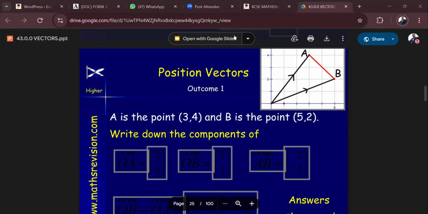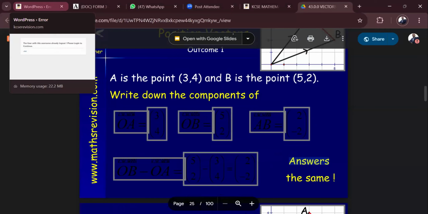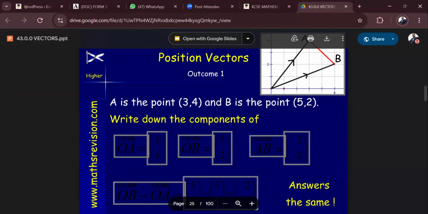From there, if you are told to write down the components of OA, OA is (3, 4), OB is (5, 2), what about AB? As we said, to get AB, it should be B minus A. You already have the position vector of A and of B. So it equals (5 minus 3, 2 minus 4), which gives (2, -2).